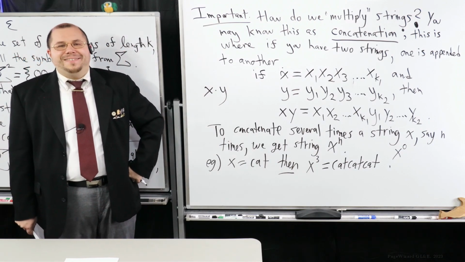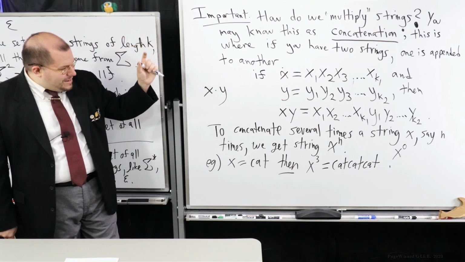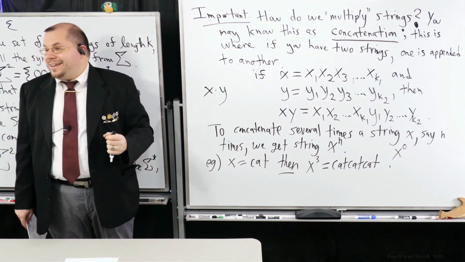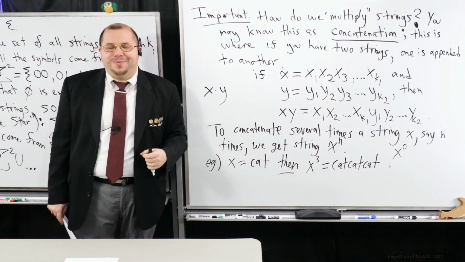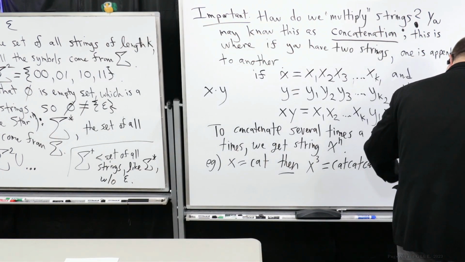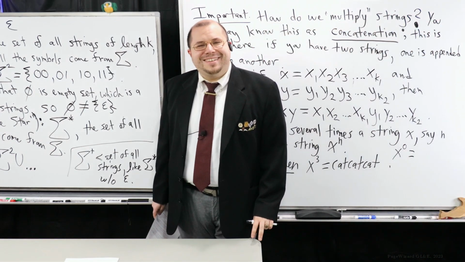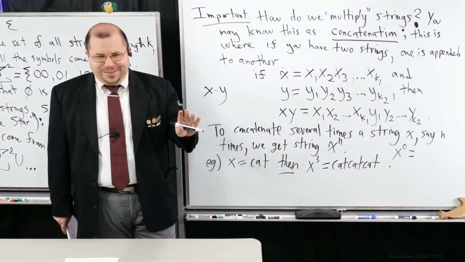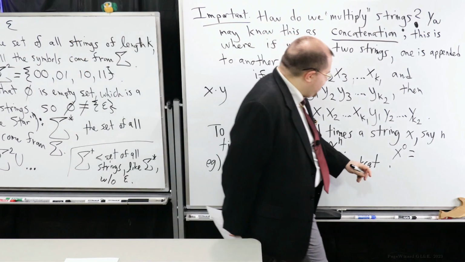What would it be then? It means I give you nothing. But what is that? What kind of string is that? We had a special name for this one. What is a string that has no symbols? Empty string. Yeah, it's the empty string.